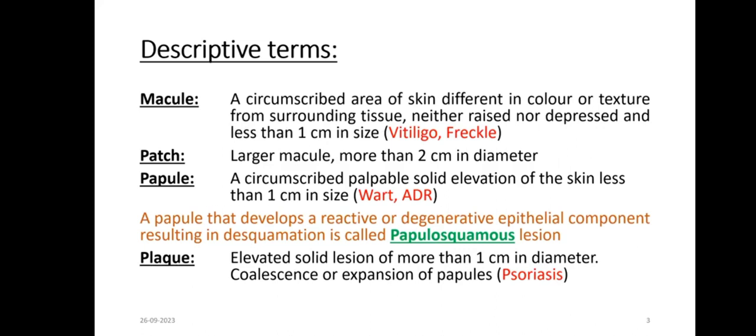It may be hyperpigmented or hypopigmented, but it is neither raised nor depressed. Such lesions are called macules, and it is usually 1 centimeter or less.